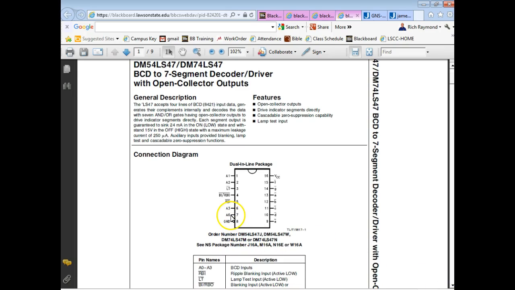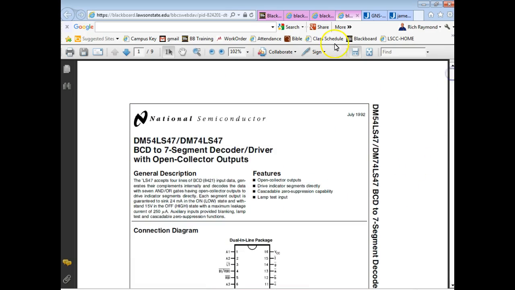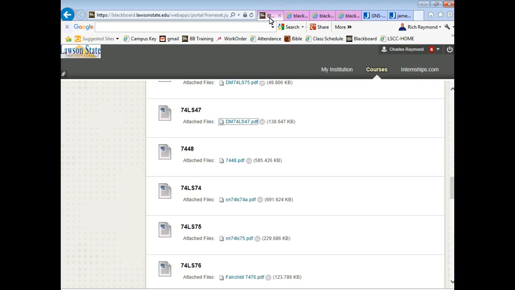The inputs are labeled A0, A2, A1, and A3. So it's not always true, right? You'd bring up somebody else's data sheet, and they might be labeled ABCD. We'll look at a 7-segment display in a minute. We see these guys all over the place.